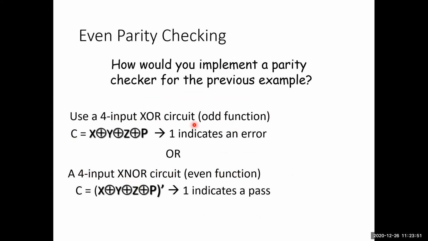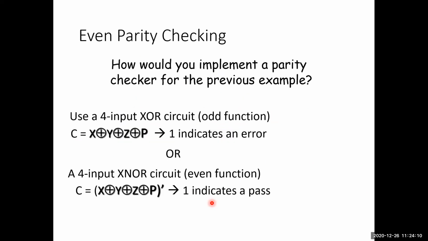So this is the difference between the odd function and even function. If you're trying to check it for the odd function, you will be using the 4-input XOR gate. So ultimately the checker output will be 1 indicating an error, or else if it is an XNOR gate, it will be passing that particular 1. Okay. I hope now you understood what is meant by even parity and odd parity generator and checker.